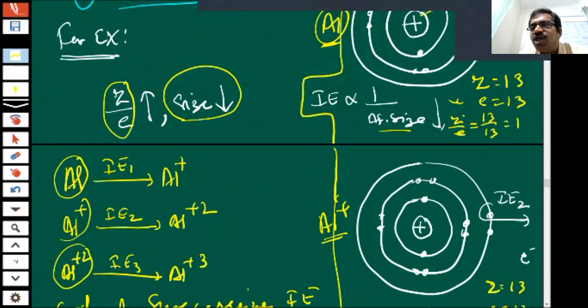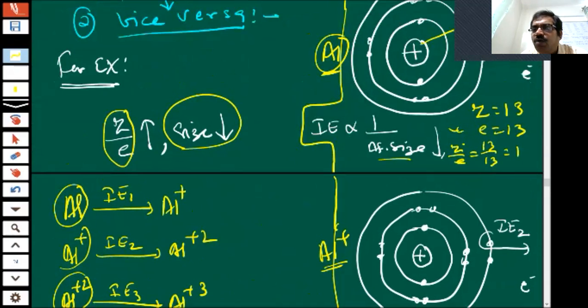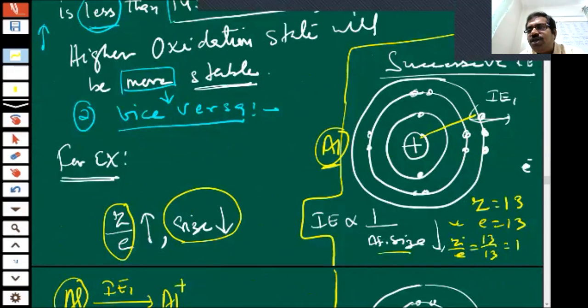Are you giving the answer of Z by E or IE1? Sir, Z by E. Okay, now give me the value of IE1. This is a bigger atom, so it is easy to remove the electron, and easy to remove electron means it will require less energy.